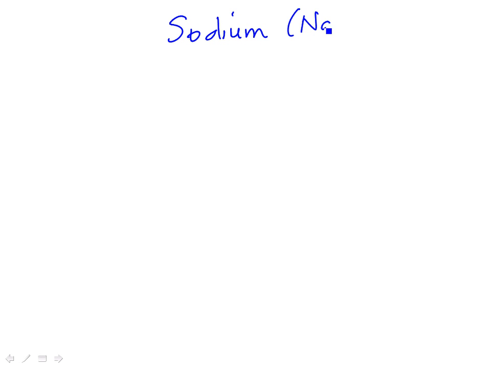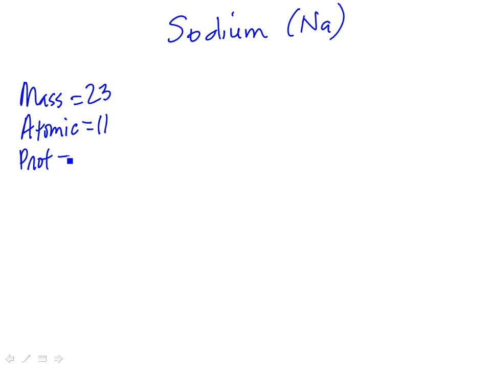Sodium is Na. Alright, sodium has a mass of 22.99, so we'll just write 23. Atomic number is equal to 11. The number of protons is equal to how much? 11.